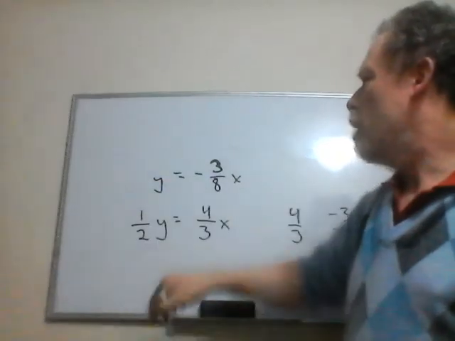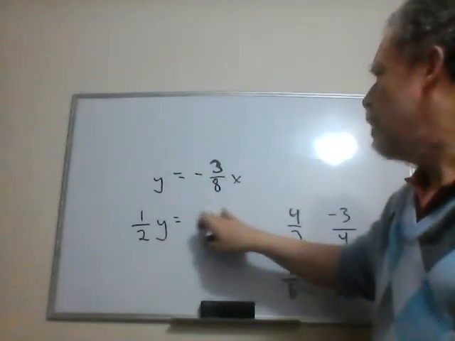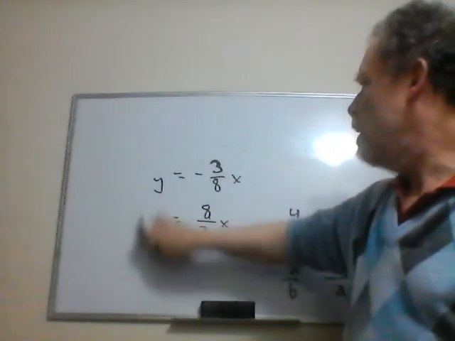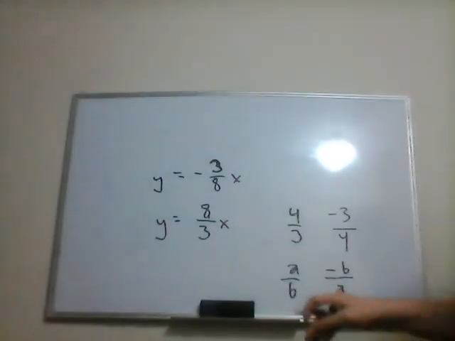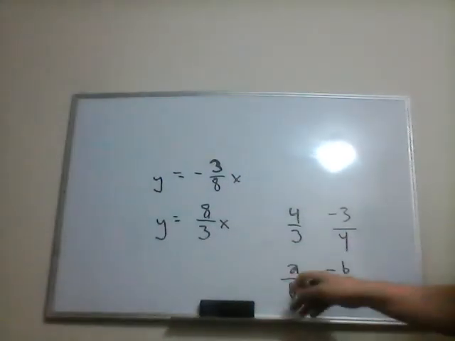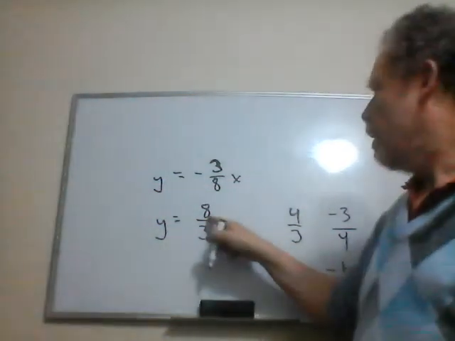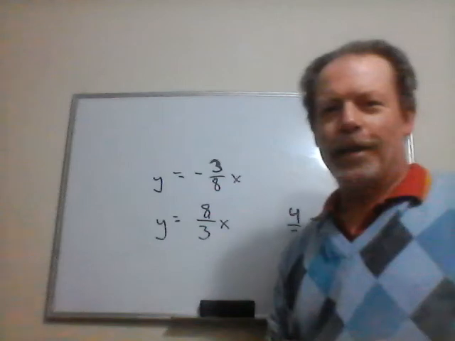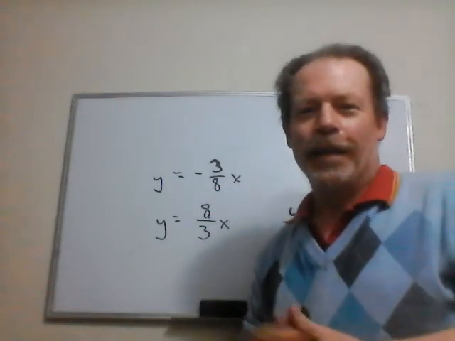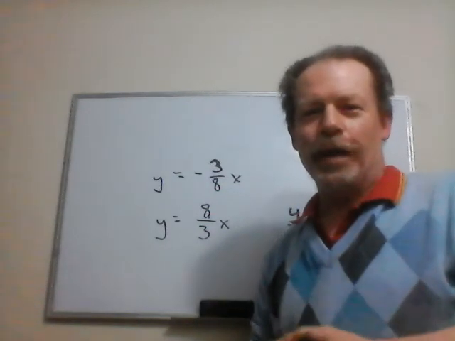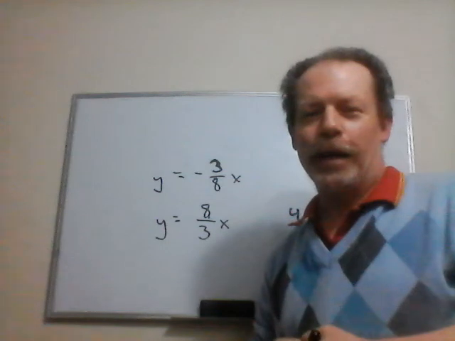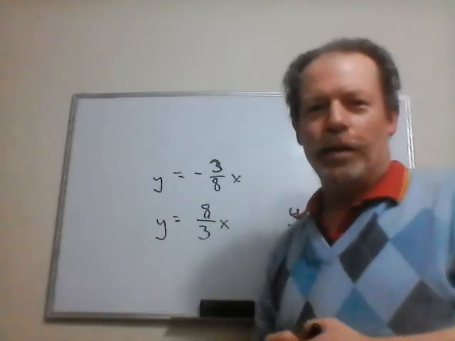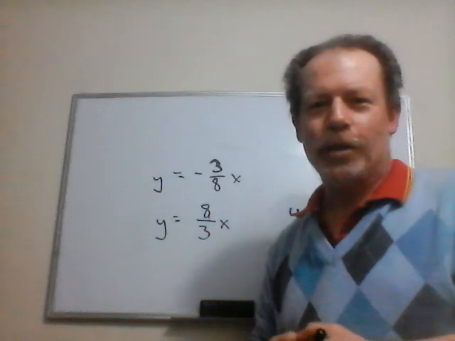If you compensate for this 1/2, it disappears into this numerator. So you get -3/8, and you get 8 over 3, which is again a over b and minus b over a. So they made it look a little bit more complicated than it really was. They're trying to get your intuition to work against you.